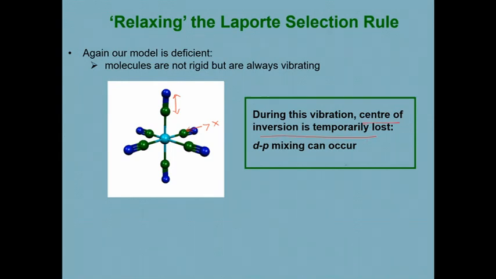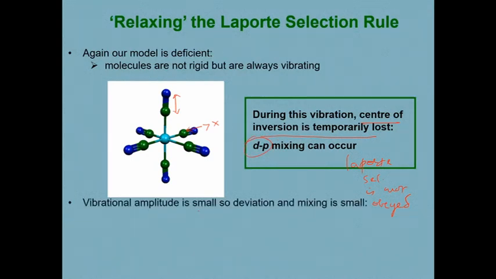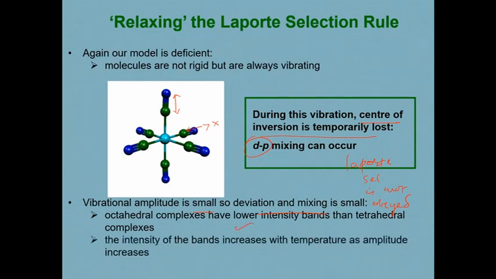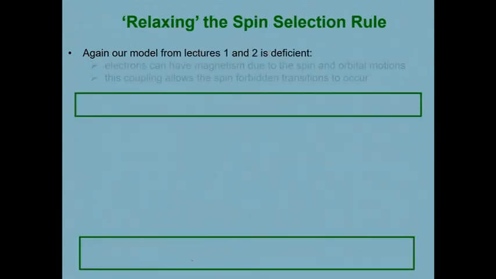When it is temporarily lost, the Laporte selection rule is not obeyed, since it applies only when there is a center of symmetry. Therefore, as a result, d-p mixing can occur. Vibration amplitude is very small, so deviation and mixing are small. Octahedral complexes have lower intensity bands than tetrahedral complexes. This is a very important point to remember. Intensity of the bands increases with temperature.